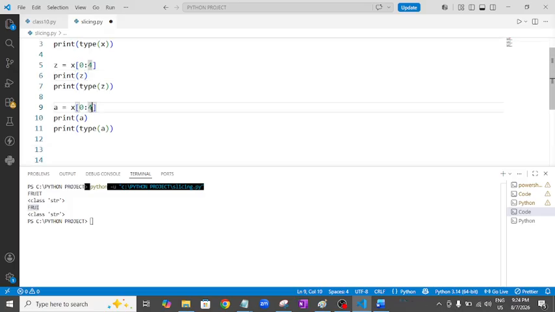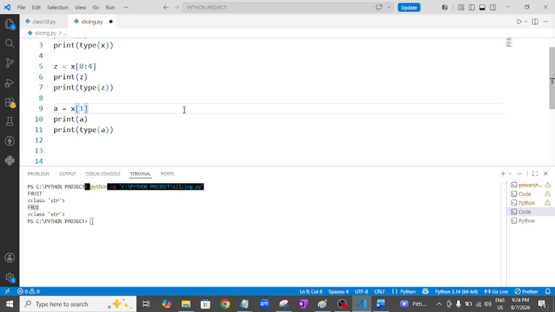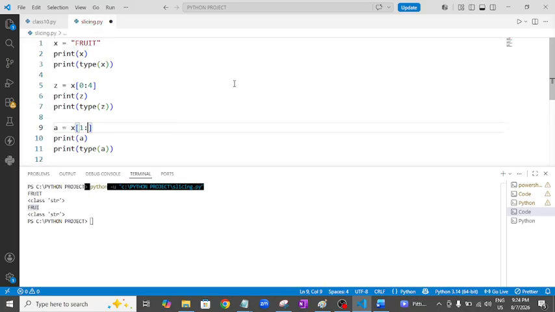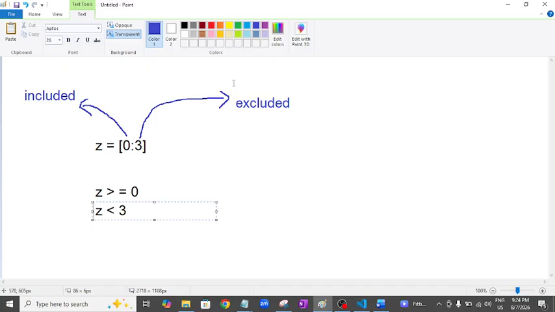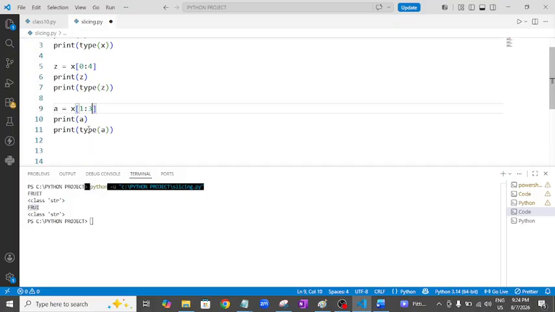Which index do you want, sir? Sir, I want from index number 1. Till which index, sir? Sir, till index number 3. So, definitely you should give 3. If you give 3 here, is it going to include?